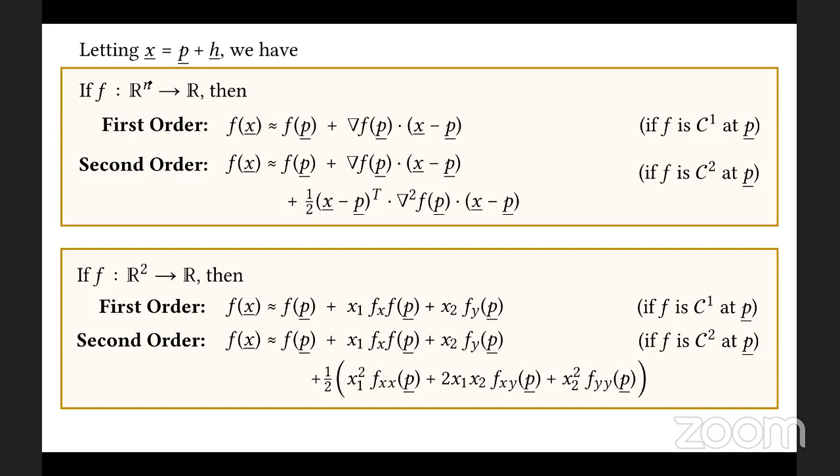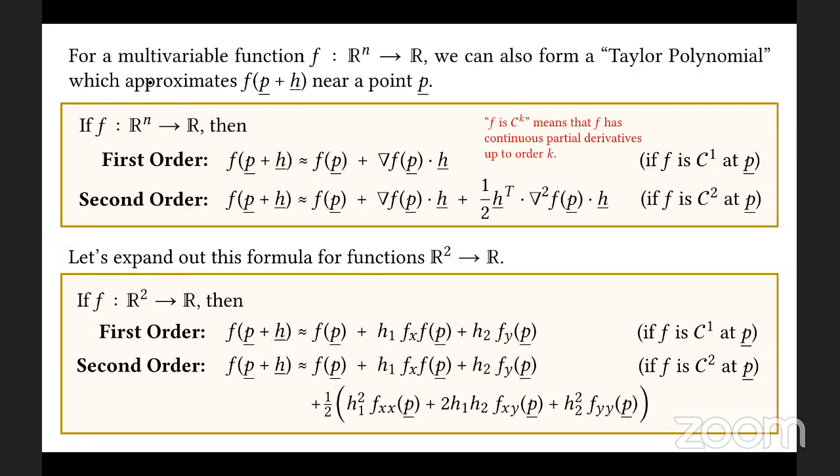Isn't it just multiplied by like x plus pi over 2 squared? So x minus p there is just h, right? X minus p is h. So this and this are identical. We're just replacing h with x minus p. X minus p is that displacement vector. My question is, isn't it just 1/2 h transpose dotted with the second order gradient? No.